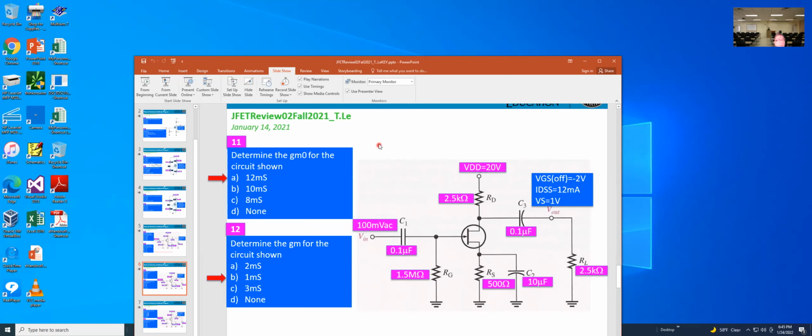So let's see, GM equal GM0 times the quantity 1 minus VGS divided by VGS off. So GM0 is 12 millisiemens times the quantity 1 minus VGS. VGS is -1. And VGS off is -2.